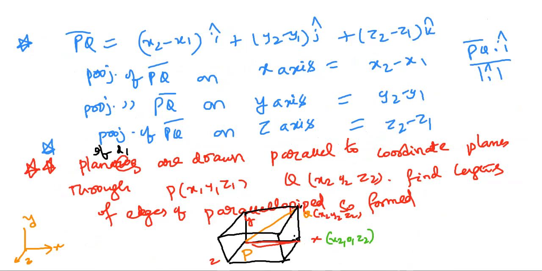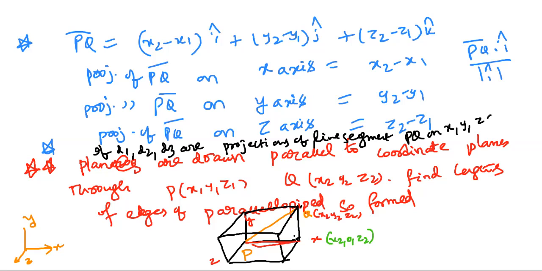If d1, d2, d3 are projections of line segment PQ, both questions are important. On the x-axis, y-axis, z-axis implies d1 square plus d2 square plus d3 square equal to PQ square. Okay, now let us continue with this.